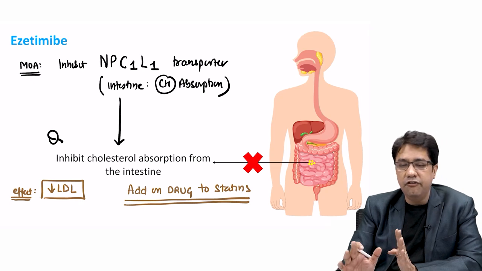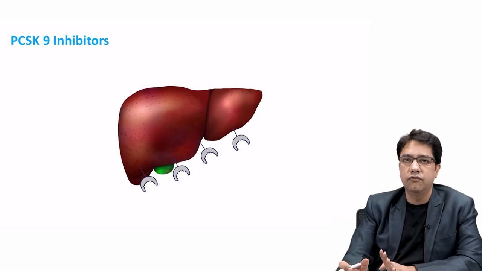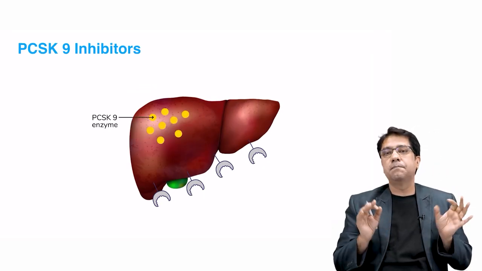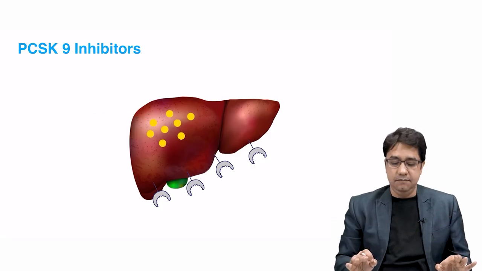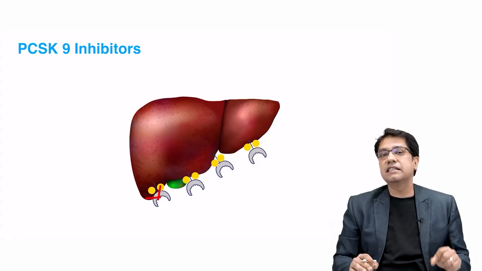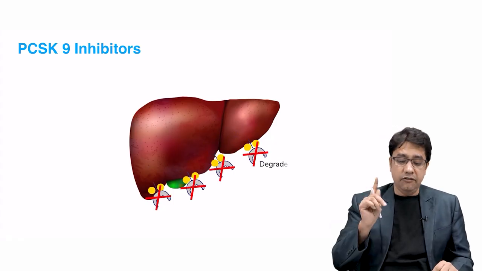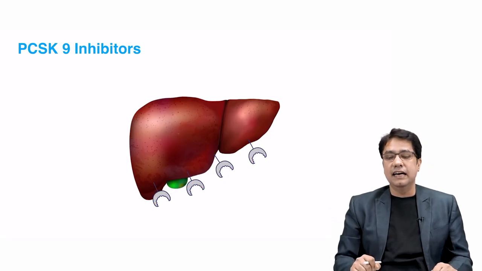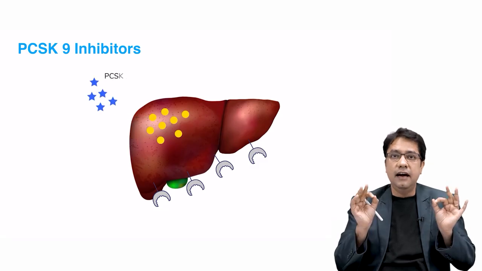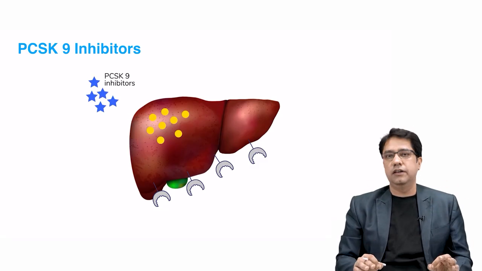Next drug, a very important class of drug for you, many times asked, that is PCSK9 inhibitor. Now sir, what is this PCSK9 enzyme? In our liver, we have PCSK9 enzyme, and the function of this enzyme is to degrade LDL receptors on liver.